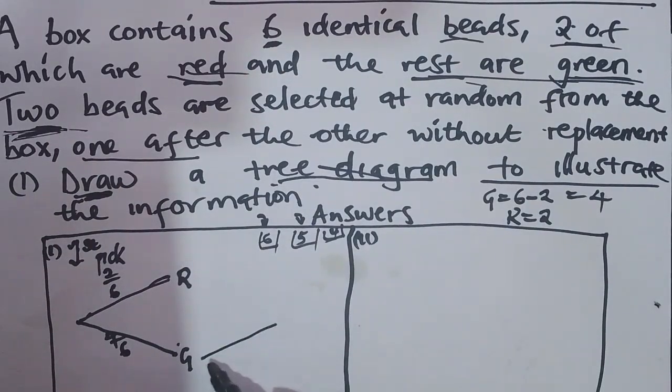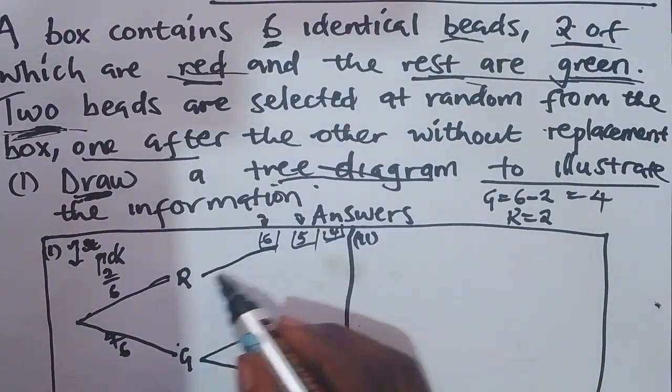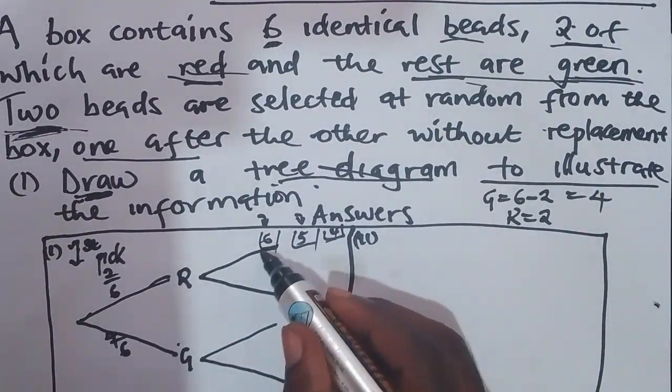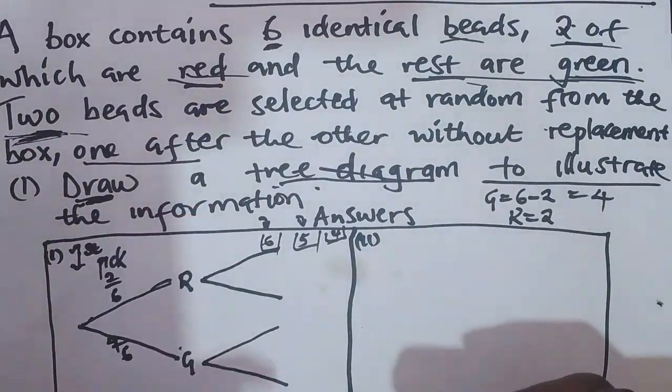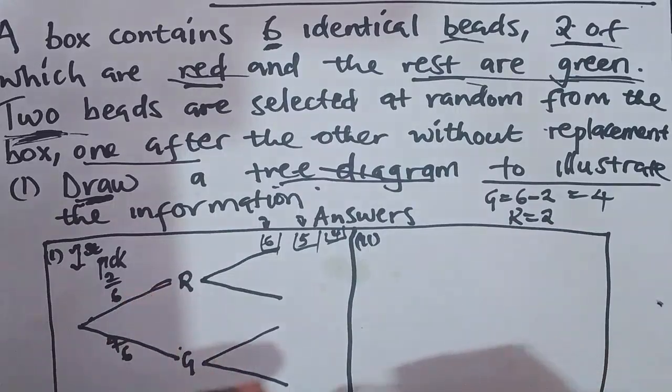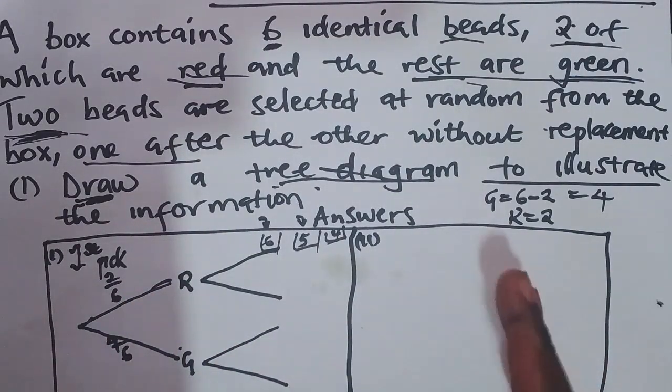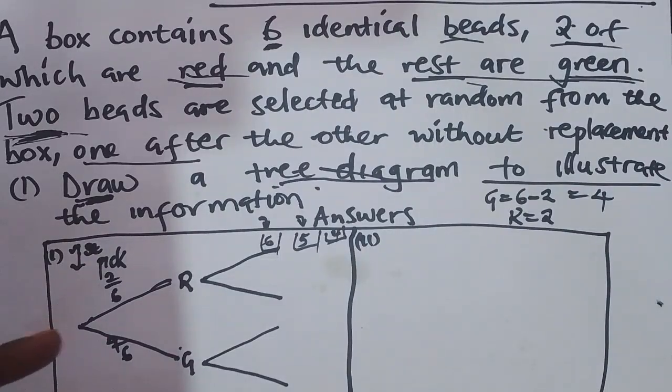For the second pick, remember, you have to draw 4 because it's the second pick. Why am I drawing 4 instead of 2? Remember, this is probability, chances. Let's say in the first round you got red. In the second chance, you can either get red or green. If in the first pick the chances for green were out of 6, after you have removed 1 ball, how many chances of green?